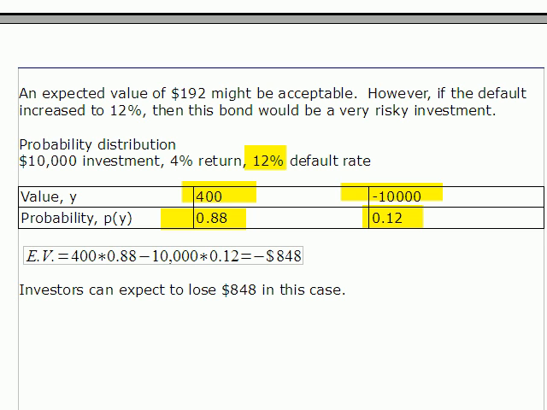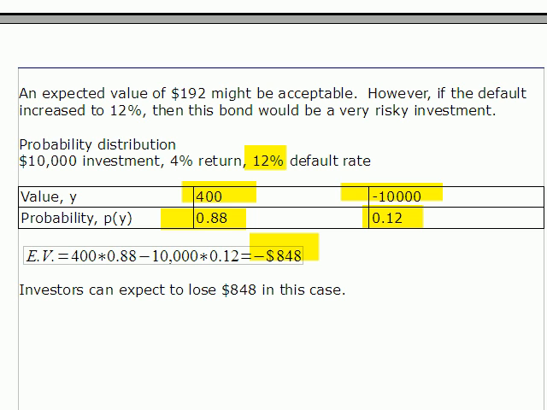We multiply these together and add them, which actually is subtraction here. We find that we've got a loss. The expected value in this case is a loss of $848. This is what you're going to expect to lose. Of course, you're not going to lose exactly that amount. Everything might be fine. You might lose $10,000, but it gives you an idea of what you're looking at to work the problems out this way. And this is called the expected value.